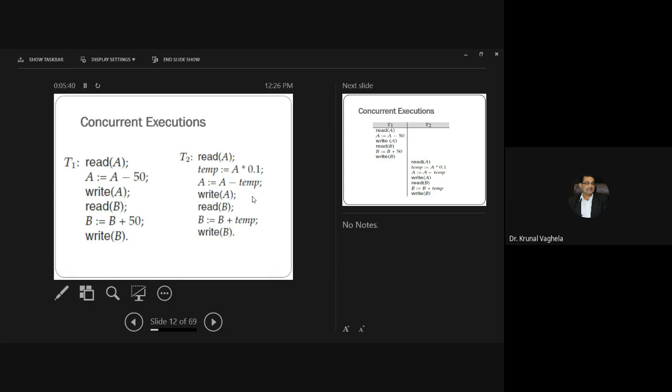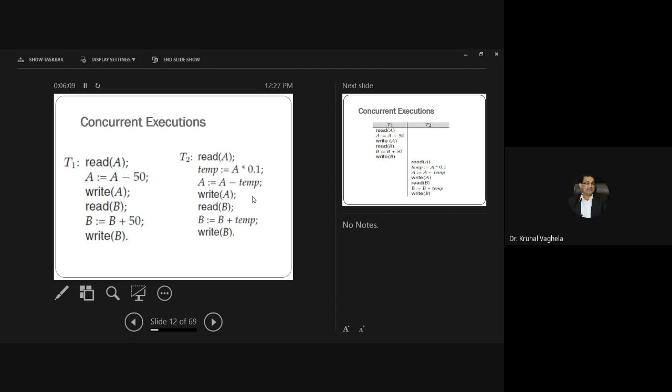It is deducting 10%, that is A's balance multiplied by 0.1. Whatever A's balance is, it will deduct 10% from A and transfer it to B. So A and B. Now we'll see various cases. Be ready with pen and paper, and then we'll see what the problems are and what the solutions to those problems are.